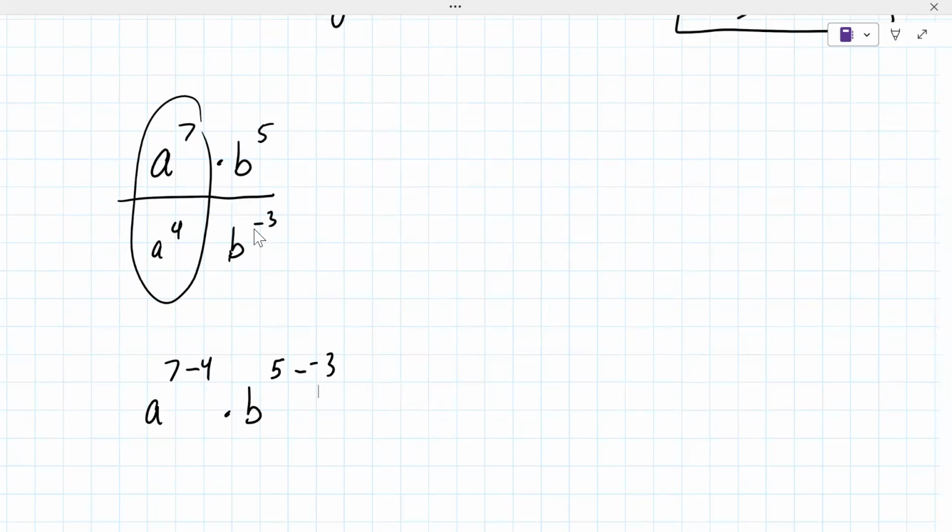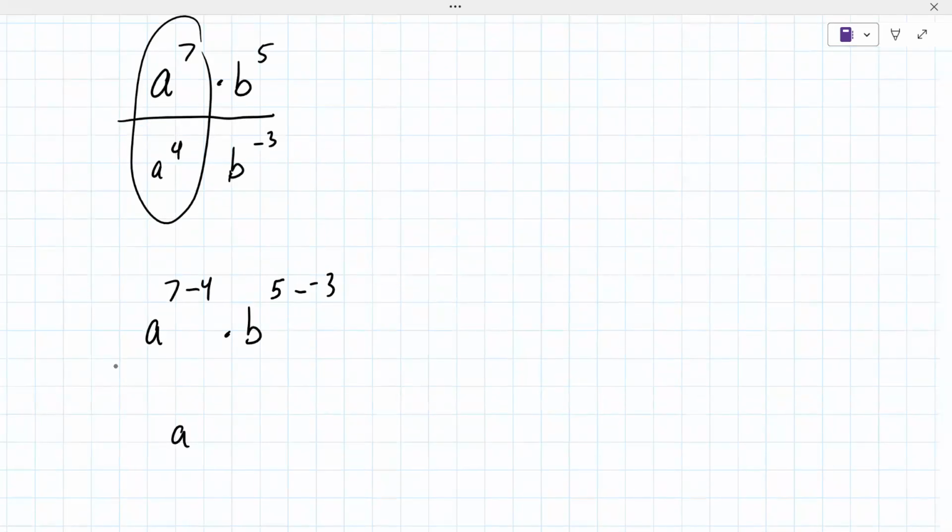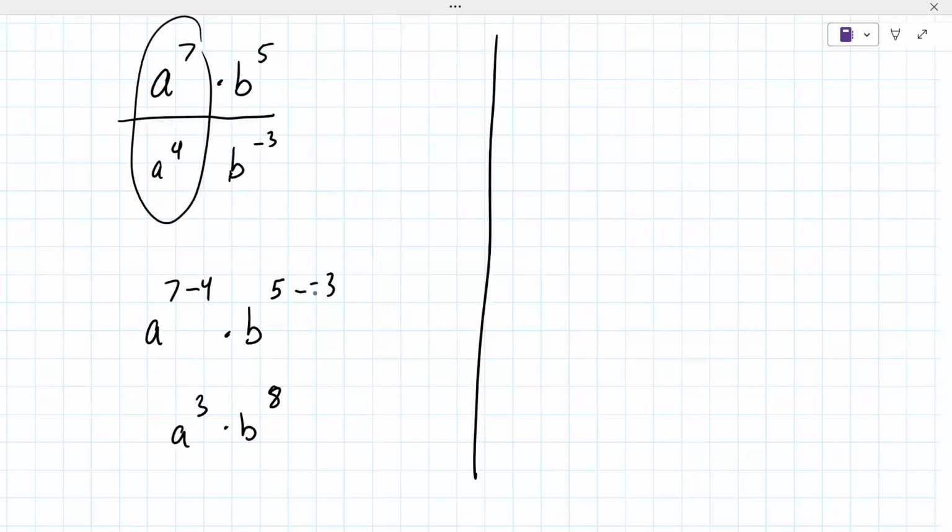Which means that you could get positive or negative exponents. This ends up being a to the power of 3 times b, and what is the exponent there? Just a. It's the same thing, right? What number goes up here? 8. Yes. Okay, so here's one for you to try.